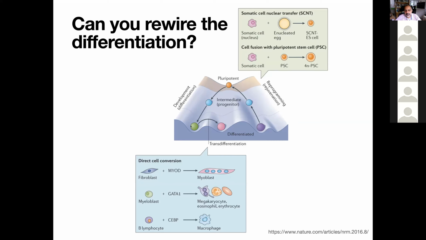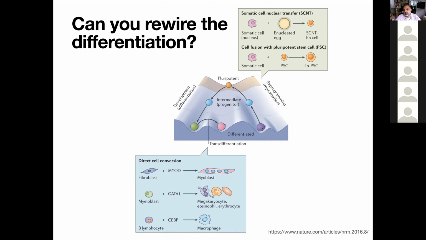Every now and then you'll get transdifferentiation. So we know that, for example, if you put particular genes in a fibroblast, you'll get a muscle cell. In a myeloblast, you'll get different cells, so lymphoid cells, and so on. And so every now and then you're able to cross this valley just by putting in a particular factor.